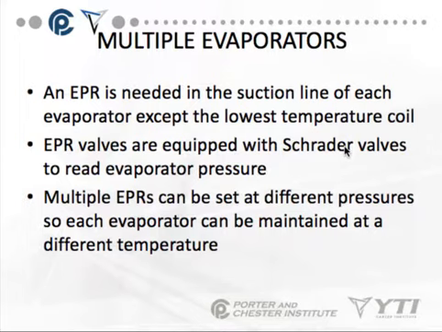Multiple EPRs can be set to different pressures, so each evaporator is maintained at a different temperature. So again, just be very, very careful on superheat when you're dealing with EPRs. Also, if you adjust an EPR, you have to retake the superheat of every other evaporator that's on that system. Because once you change pressures on one, it has the capability of actually affecting every other evaporator.